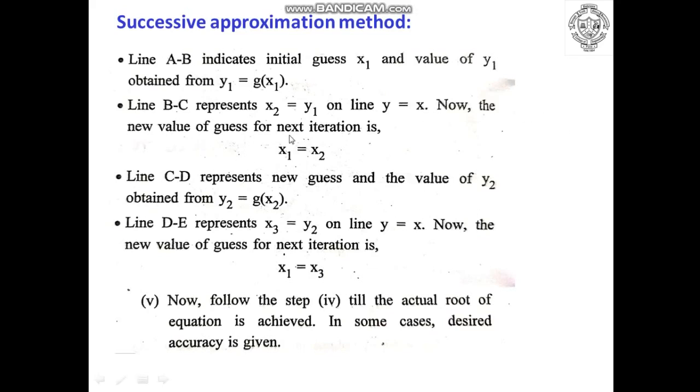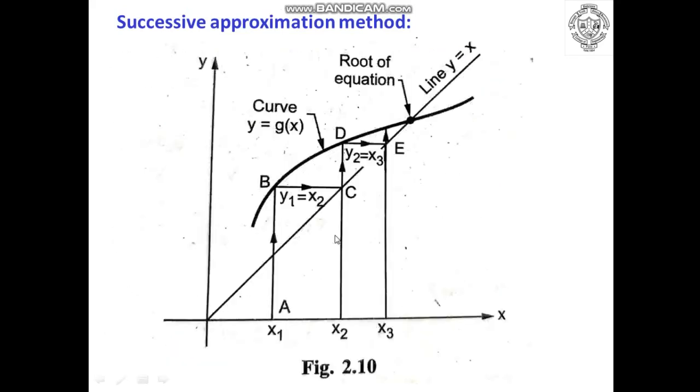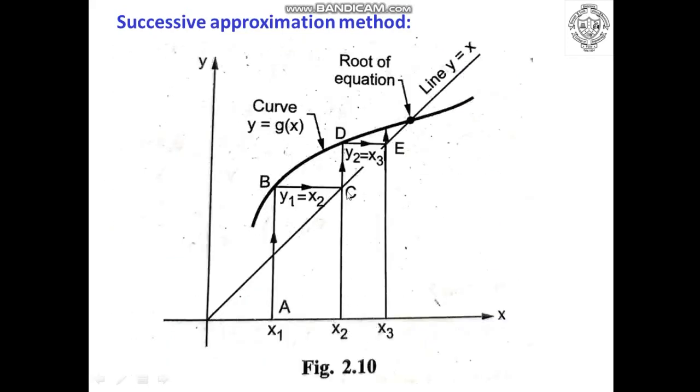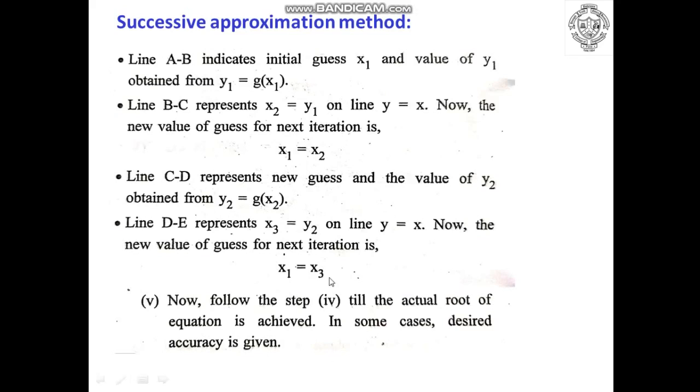To find out the new value of guess in the next iteration, we assume x1 is equal to x2, which I have already explained. You can replace your x2 with x1, which is shown here. Line CD represents the new guess and respective function. This particular line gives you the new value of the approximated root and respective function. Similarly, the procedure is followed and you can approach towards the exact root.